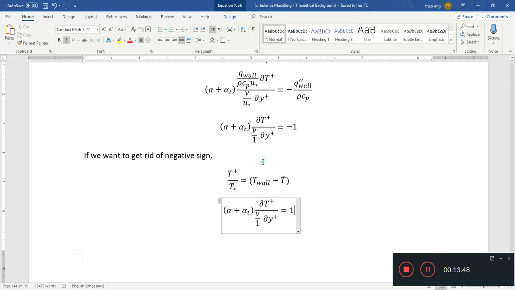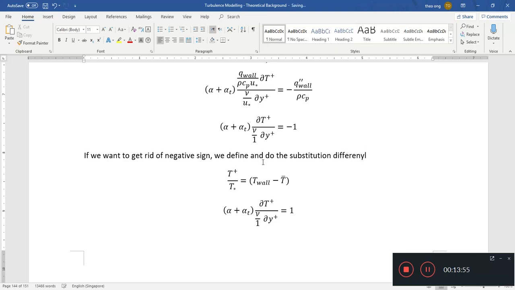So we define and do the substitution differently. Okay, so we do that. And of course, we have this nu over here, which we can just use to divide throughout with the alpha.